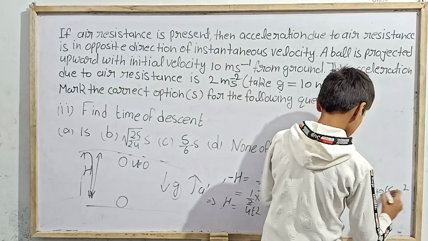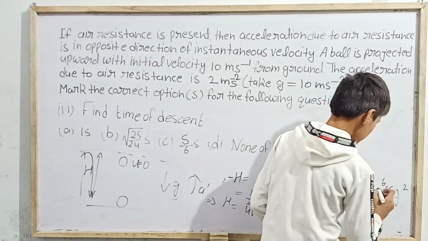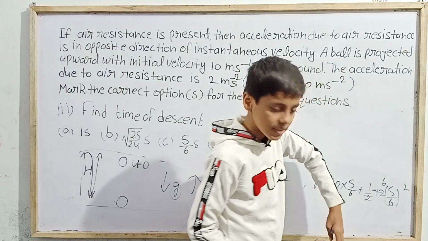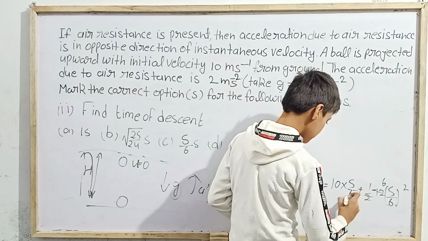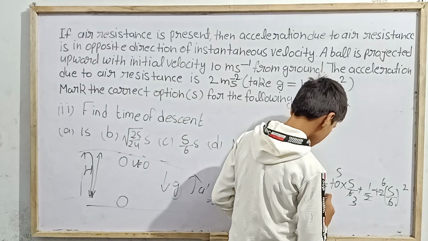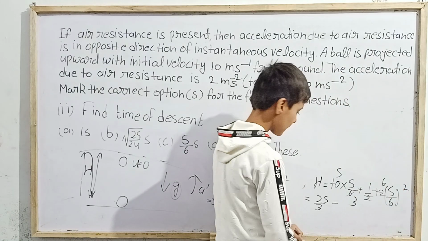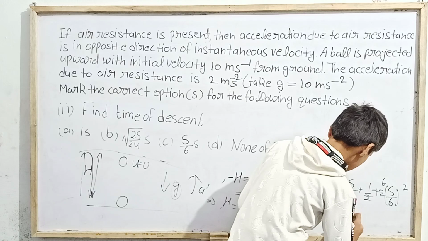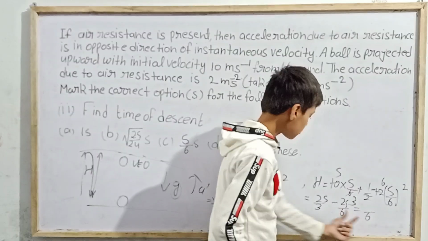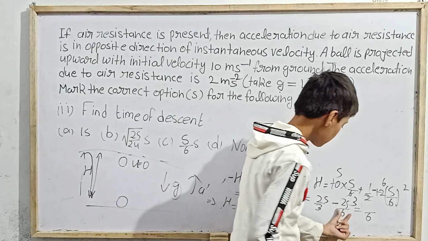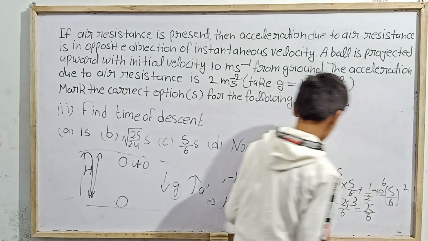Here minus will also come, because this is the negative direction. This will be 25 by 3 minus 25 by 6, which is equal to 2 into 25 that is 50, minus 25, upon 6, so 25 by 6. This we got.